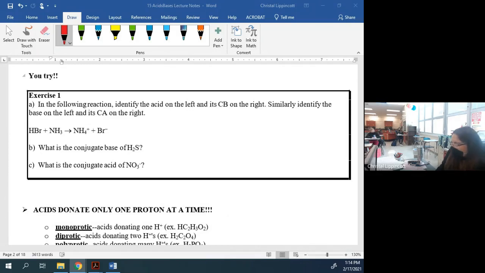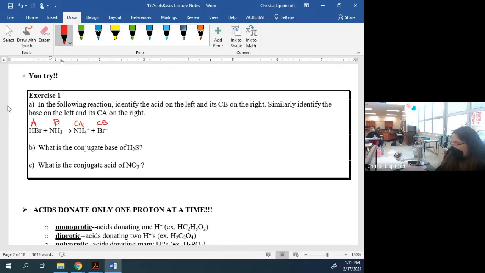All right, so do you see the pair here, the cousins? Find the cousins. And which one has more hydrogen? That's your acid. Conjugate base. Cousins, base, conjugate acid. You do okay there? All right.